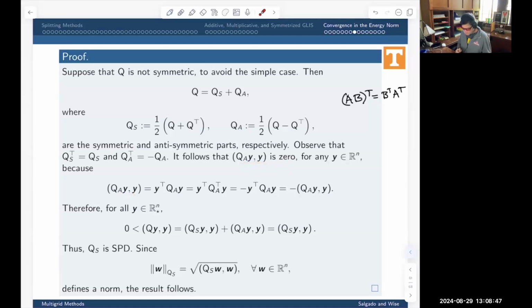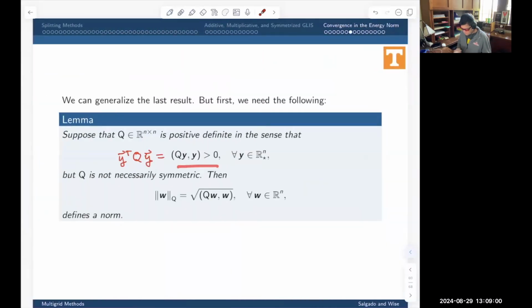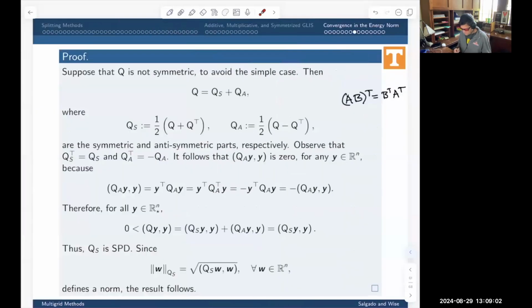Now let's consider what we had before. By assumption, we have that ⟨QY, Y⟩ is greater than 0. That's our assumption. But now let's replace Q with its sum of its symmetric and antisymmetric parts.